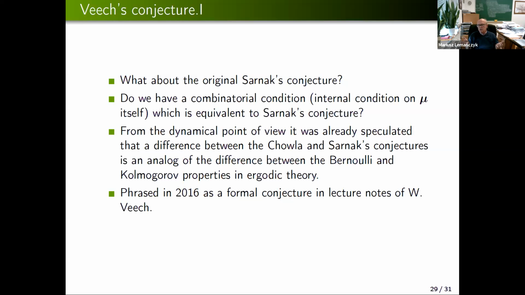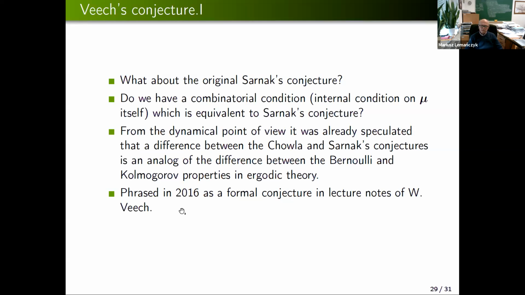The larger class is the so-called Kolmogorov class, the systems which satisfy the Kolmogorov property, or sometimes people say completely positive entropy. The idea is that a system has completely positive entropy if it does not have any quotient which has zero entropy, except of course when we glue everything to one point.